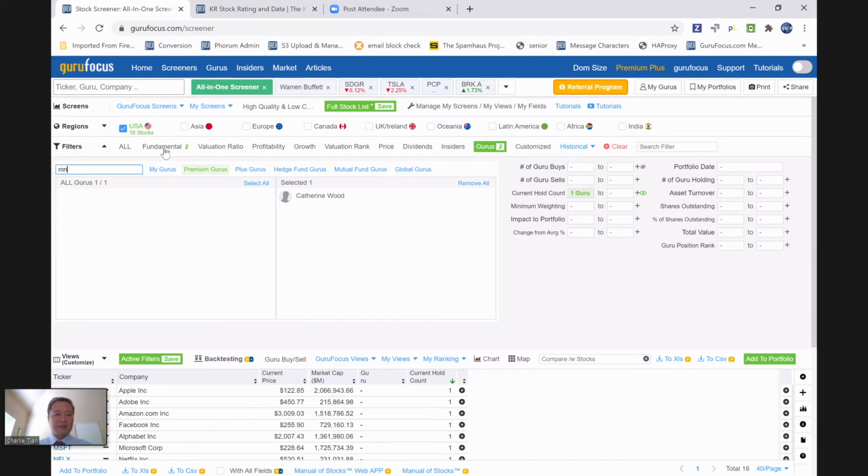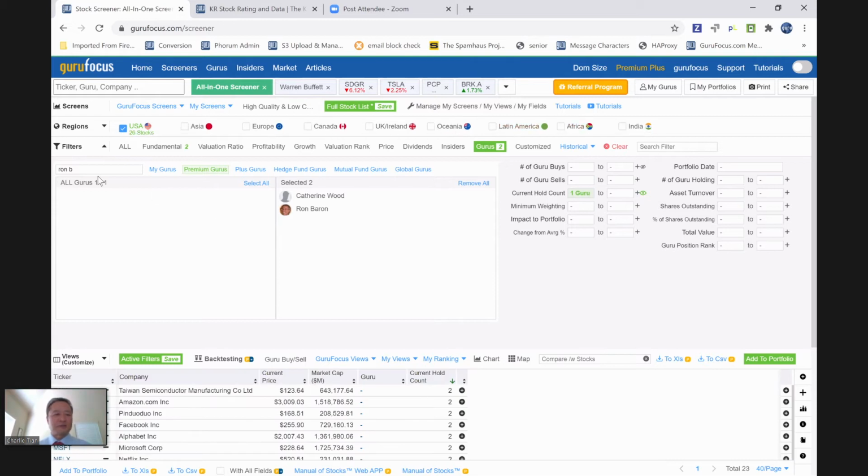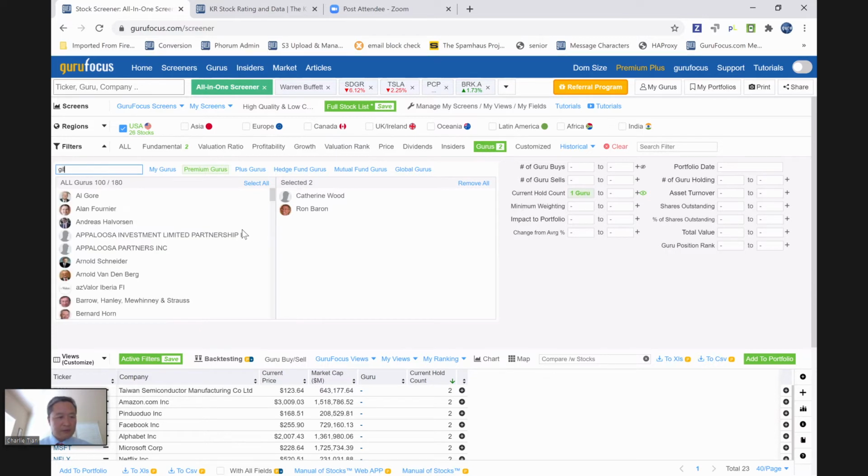Another similar style is Ron Baron, whose fund returned 148% last year also. And another one is Baillie Gifford. This is a British firm, I think. Okay, Gifford.